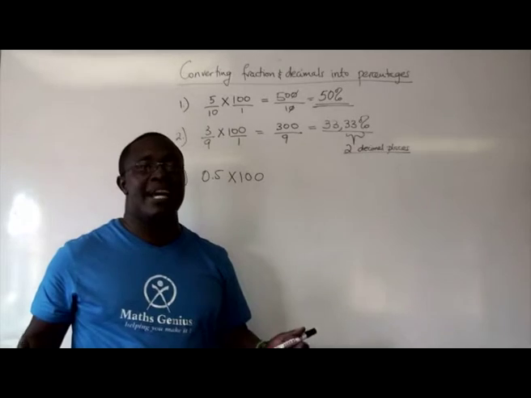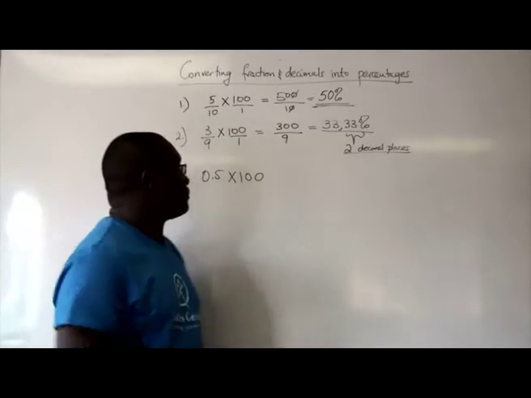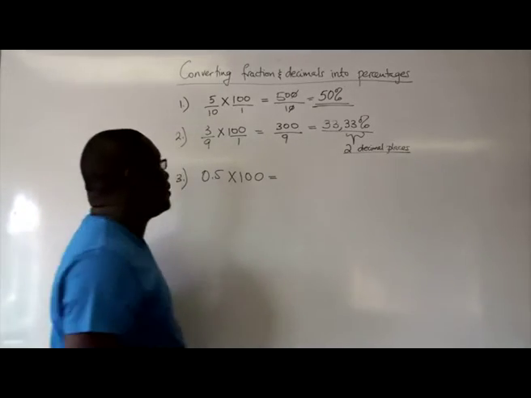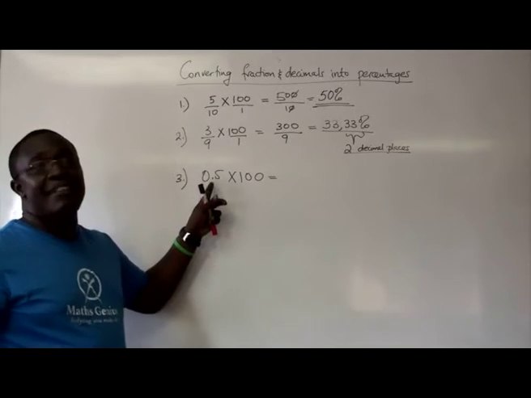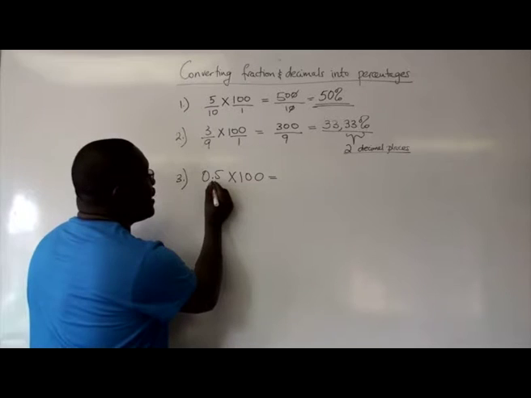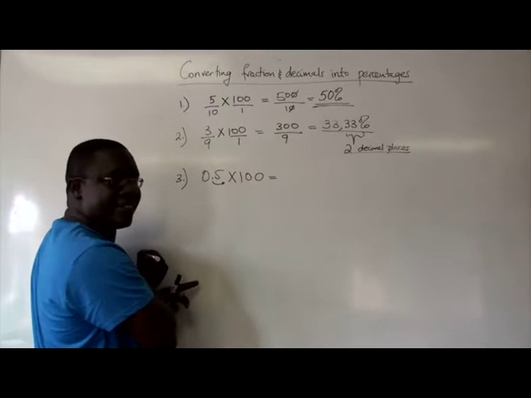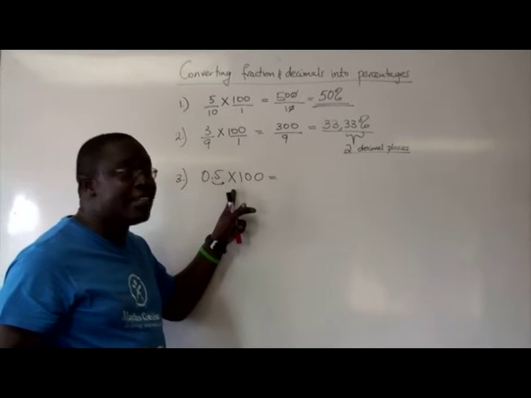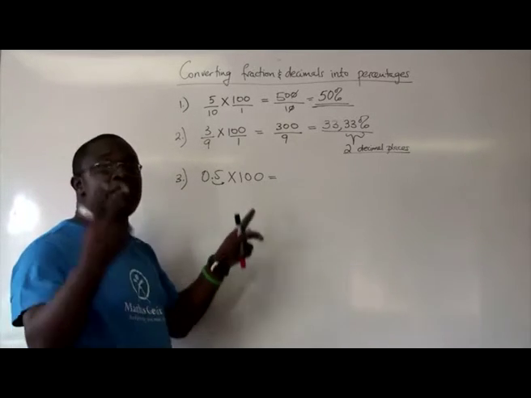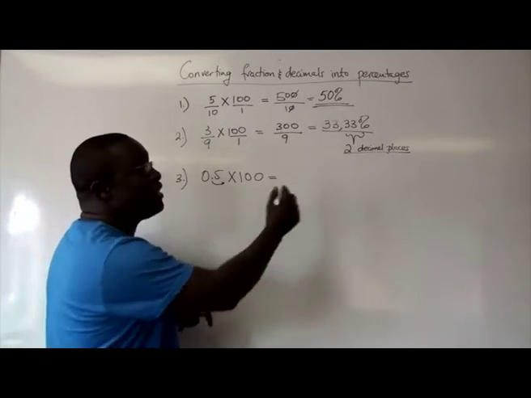And what are you going to get? So this is the position of the comma. Multiplying by 100, you're saying the comma is moving in that direction. And how many positions is it moving? Because of the 2 zeros, it's moving 2 positions to the right.